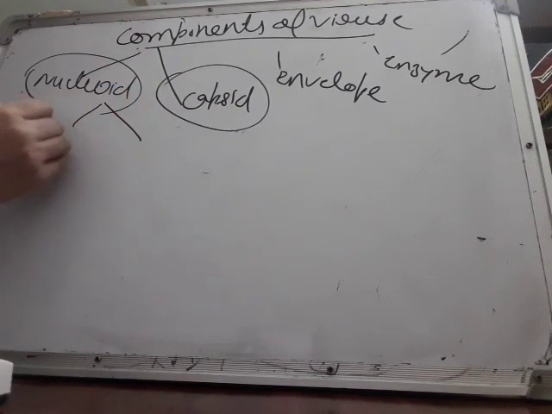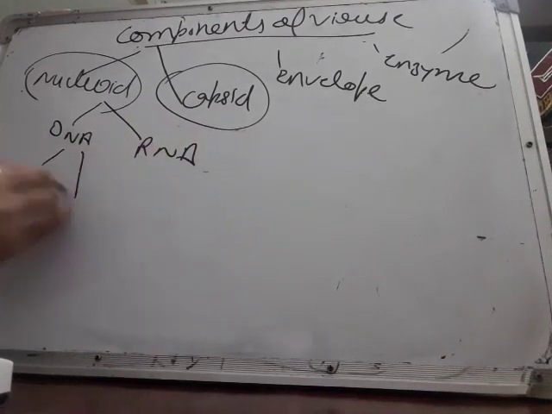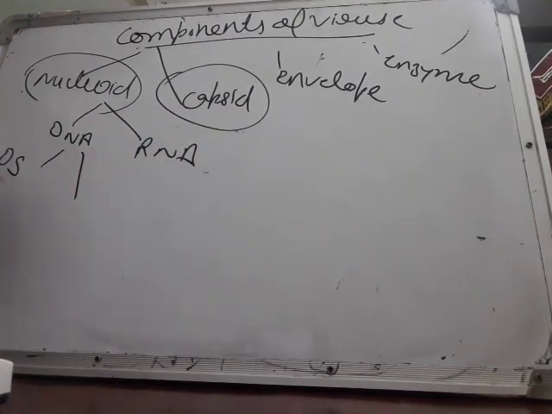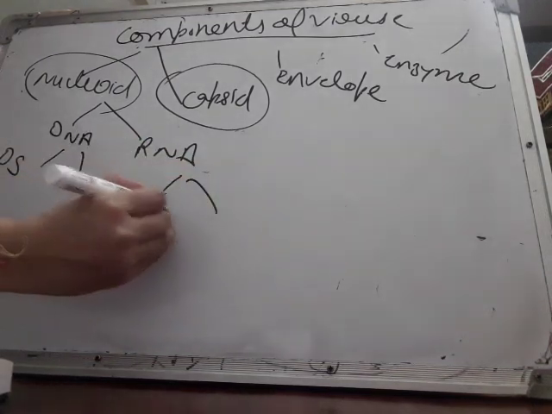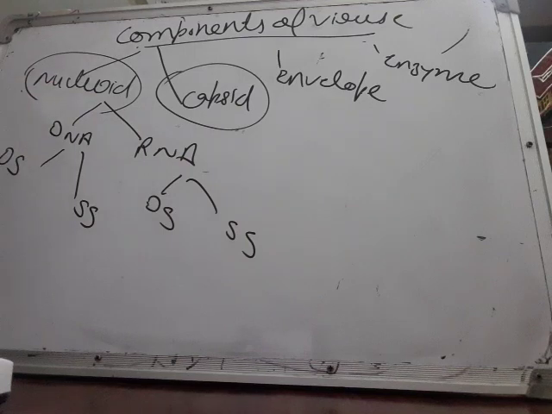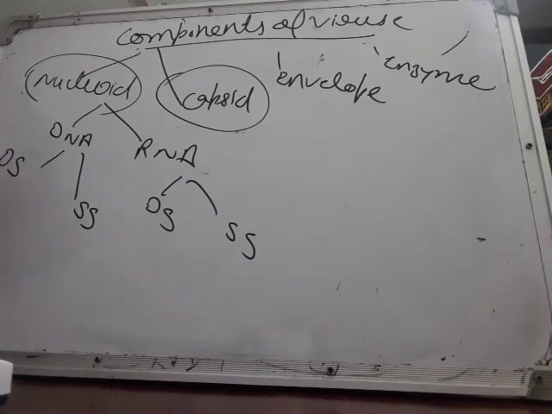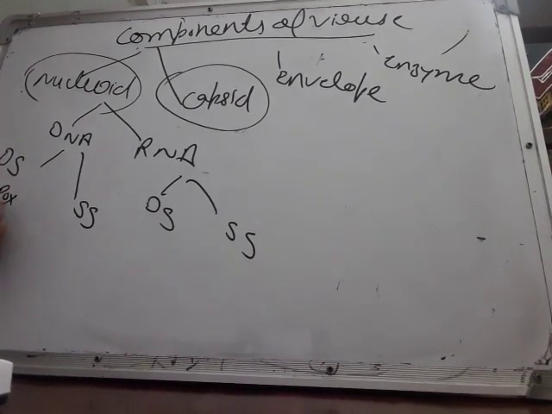Nucleoid, that is genetic material, DNA or RNA. DS I am writing, that is double stranded DNA. SS, single stranded DNA. Similarly here, double stranded RNA, SS, single stranded RNA. So for the viruses with double stranded genetic material, an example you can write here is pox virus.